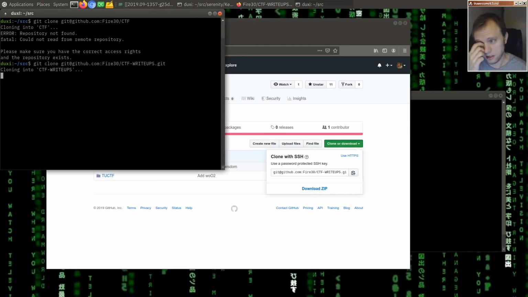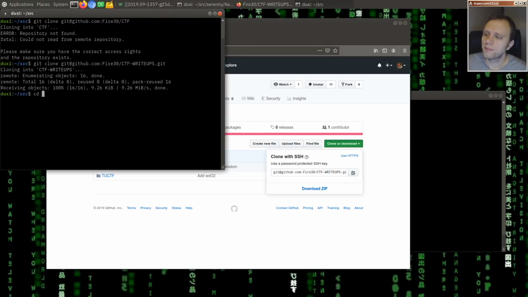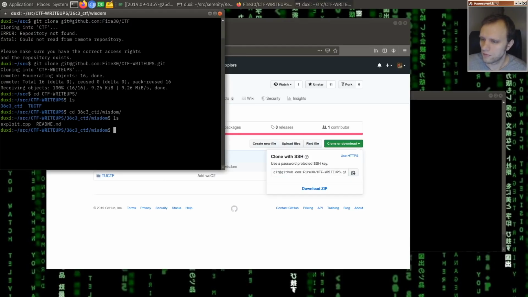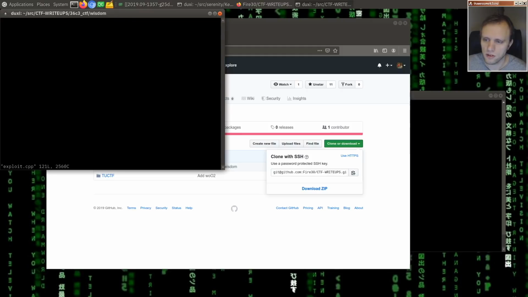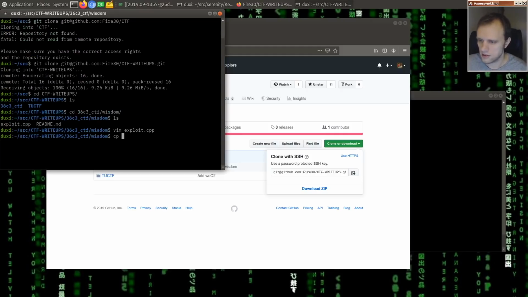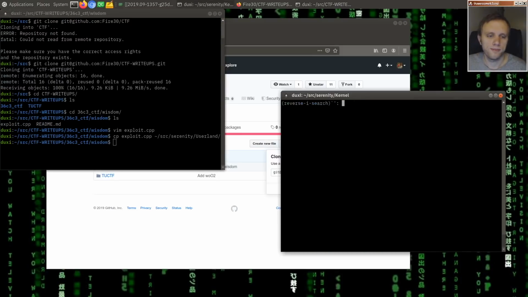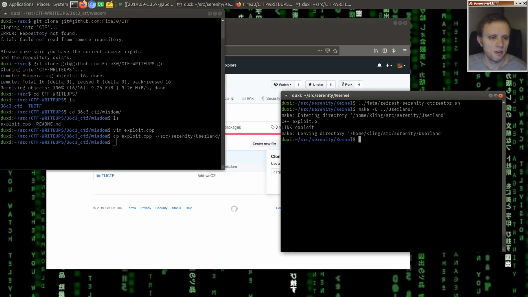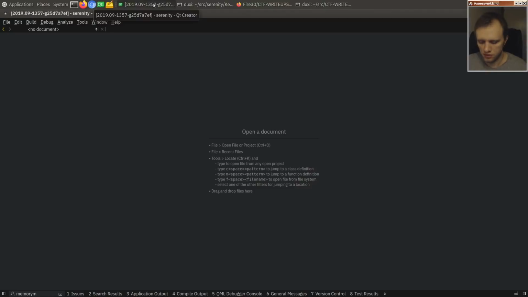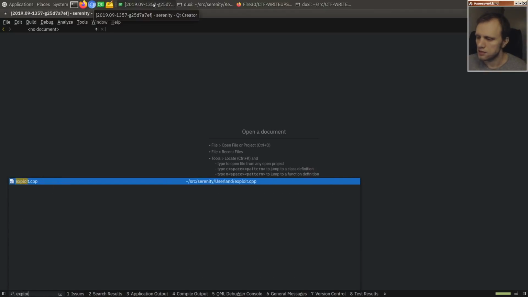Okay, here we go. So here is the exploit, and let's just bring it into the Serenity userland directory for convenience. And we can build it there. So let's go and look at the exploit.